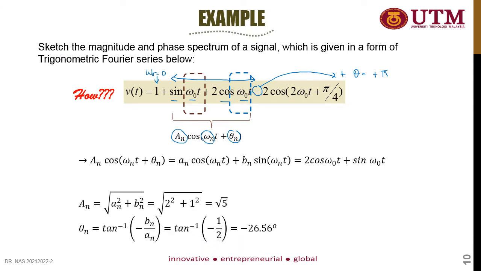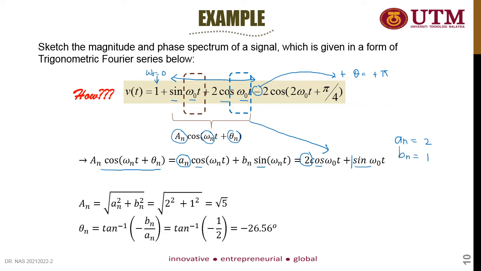The general equivalent equation has an as the coefficient for the cos function and bn for the sine function. Let's compare the general equation with the equation you have. For the cos function, an in this case equals 2. For the sine function, bn in this case is 1.